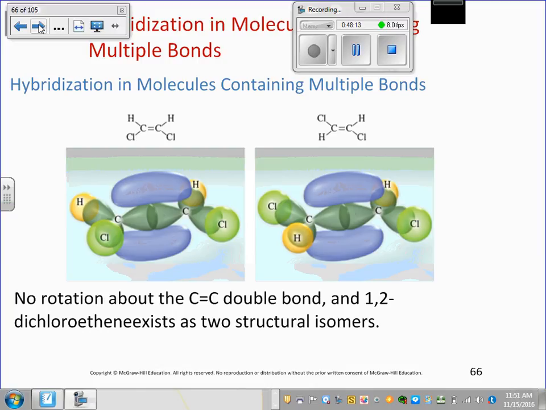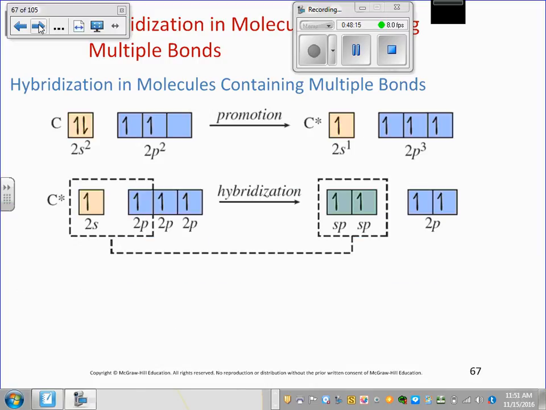Now, again, we're starting from carbon. This time, we do our promotion. And instead of hybridizing 2 of the p's, we're going to hybridize 1 of the p's. So we have sp. So sp, the carbon has how many regions around it? 2. sp, there's 2 letters.